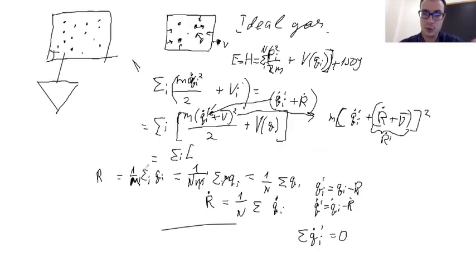So I'm trying to show you that in fact what we did by adding the velocity, the final point where I will arrive, is that it's the same as adding velocity v bar to all the particles and the walls of the container. What I added is just a constant to the Hamiltonian, okay?